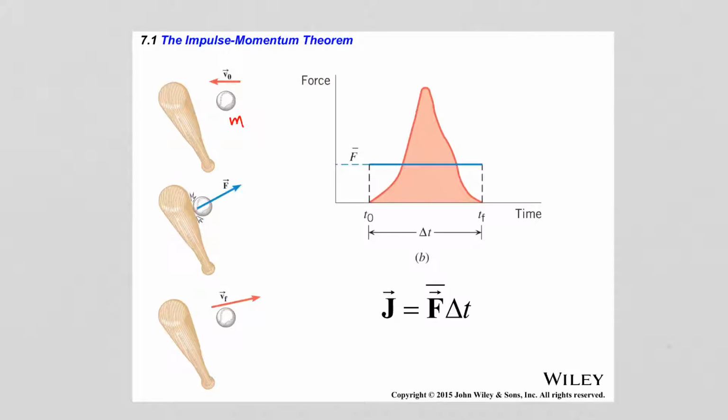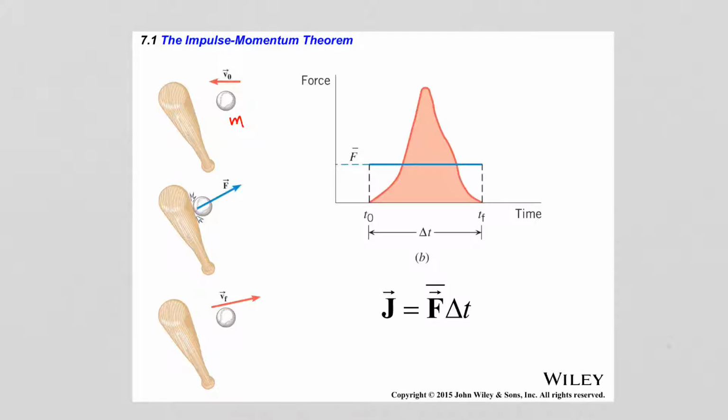So let's go back to the example of the baseball bat hitting the baseball. We now know that during the process of interaction between the baseball and the baseball bat, the force with which the baseball bat hits the baseball has impulse J, which is equal to the product of that average force and the time of interaction. So let's see what happens to the baseball.